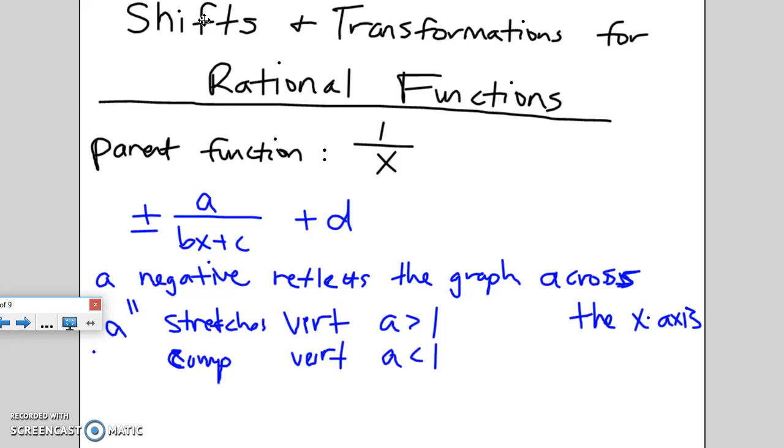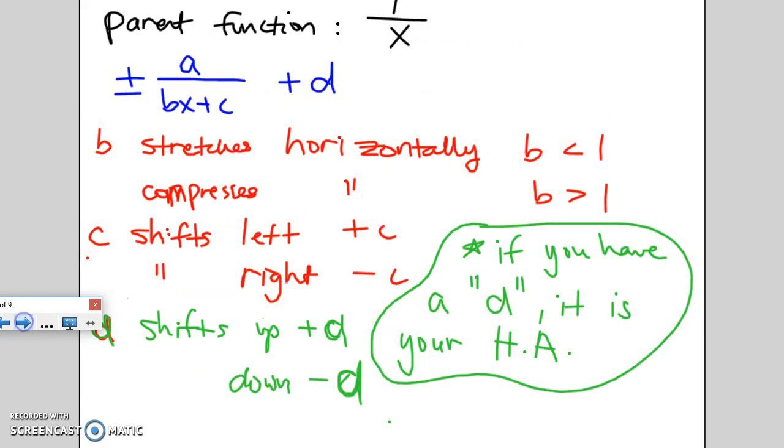Now the letter a, which is on top of the fraction, just like it did before, stretches the graph vertically if a is greater than 1, and it compresses the graph vertically if a is less than 1. And then here are the rules for b, c, and d as well.